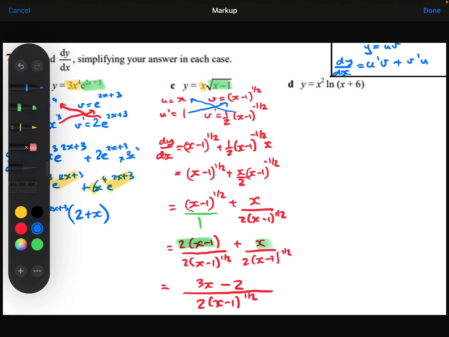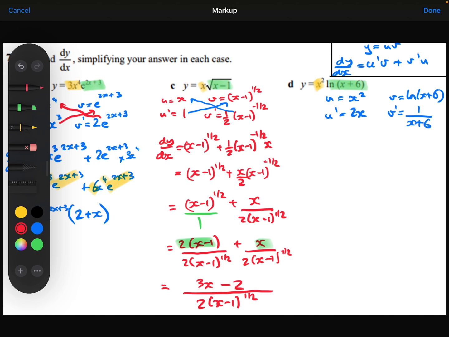Part D. Again, product rule, because we've got x squared, that's my u function, and then we've got ln of x plus 6, that's my v function. So u is x squared, v is ln of x plus 6. Differentiating the x squared, I get 2x. Differentiating the logarithm, I get 1 over x plus 6.